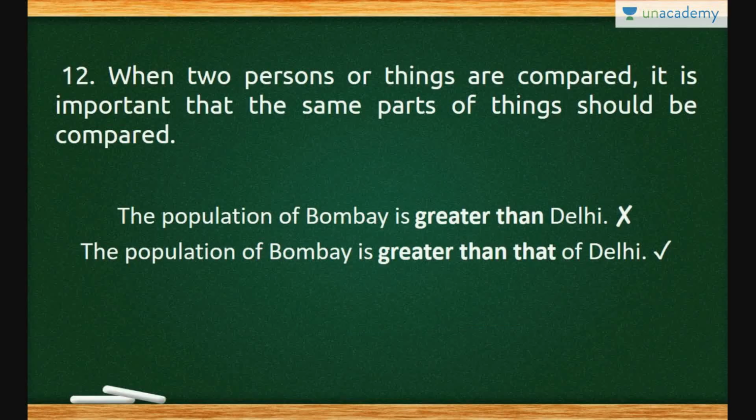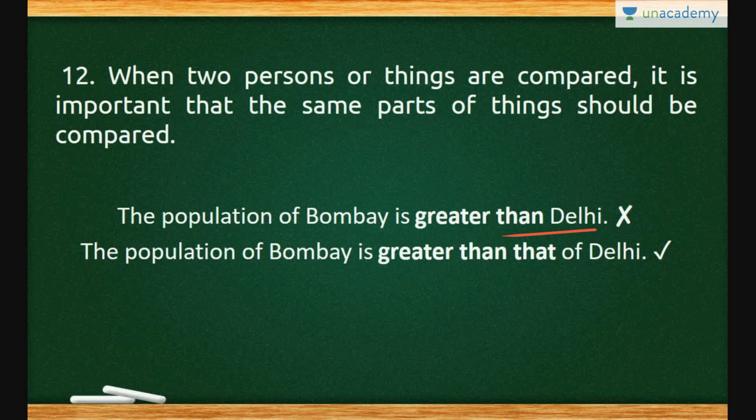Moving on, when two persons or things are compared, it is important that the same parts of things should be compared. Now, the population of Mumbai is greater than Delhi. We cannot compare the population of Mumbai and Delhi as a whole. You would compare the population of Mumbai with the population of Delhi.